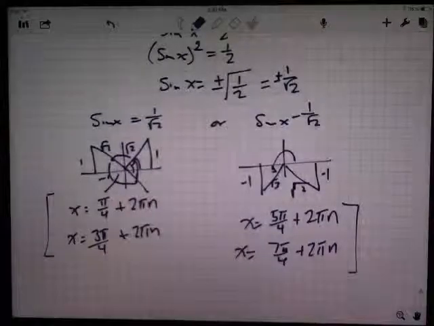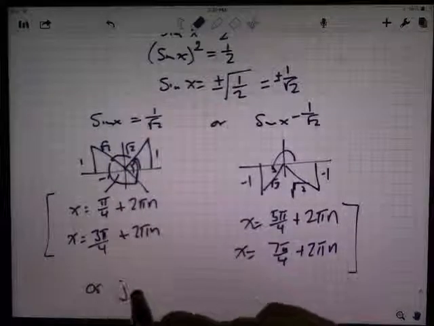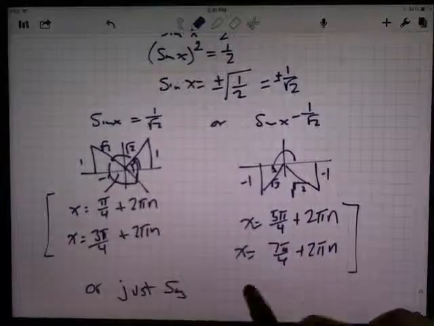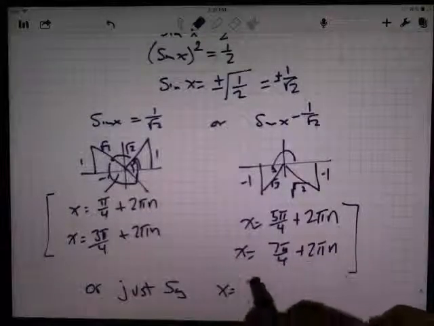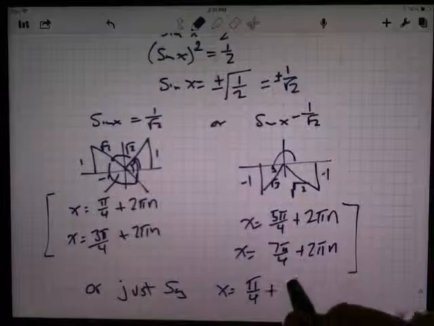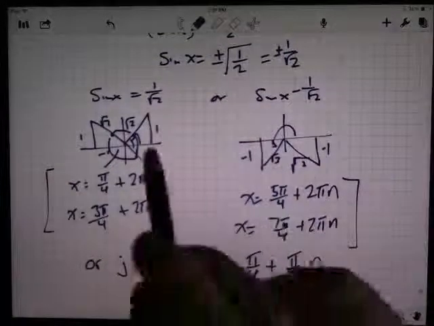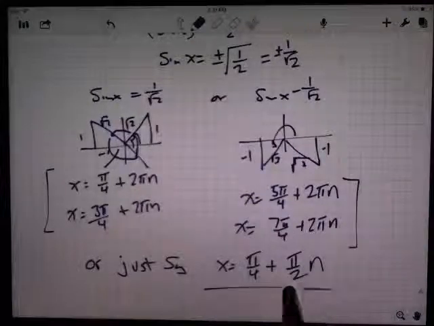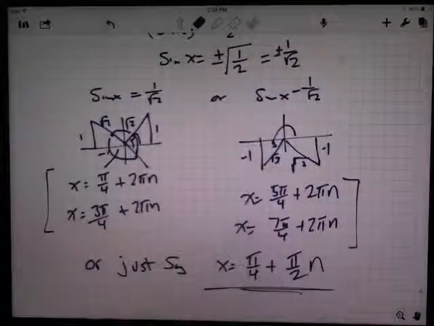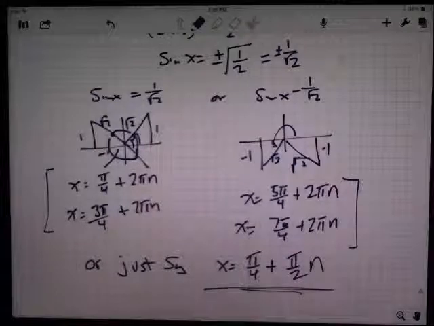And so actually we could just say x is pi over 4 plus pi over 2 n. Right? We can describe all of the answers in just this one formula, rather than having to give four different formulas. I don't really care which way you do it. I accept both of them, but I think it's good to point out that you could do either.